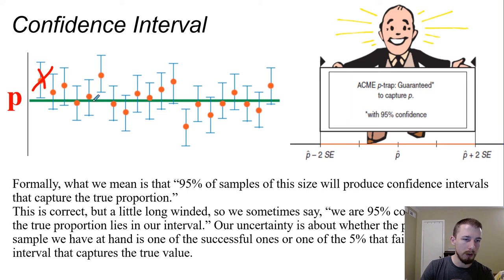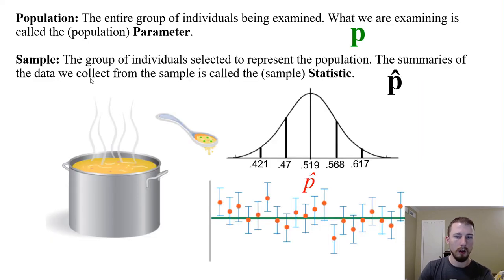If you notice here, there are times when we failed to capture it. We failed on that one. It looks like all of these captured. That one failed because this one was more than our critical value away from it. It would have failed as well. But 95% or 90%, whatever level of confidence we're using, that percent of confidence intervals would successfully capture the true proportion within the margin of error. So again, our population proportion is going to remain constant. It's some value that remains the same.